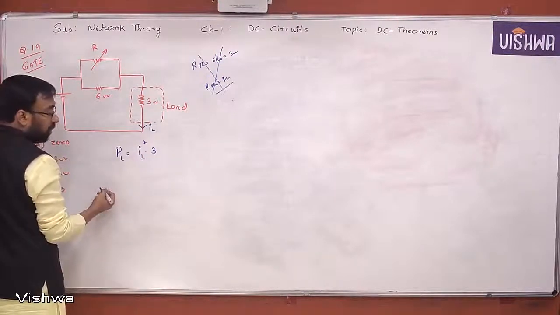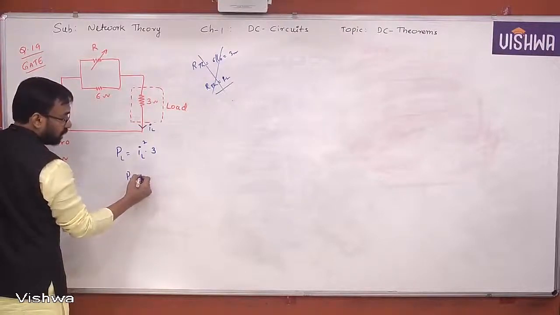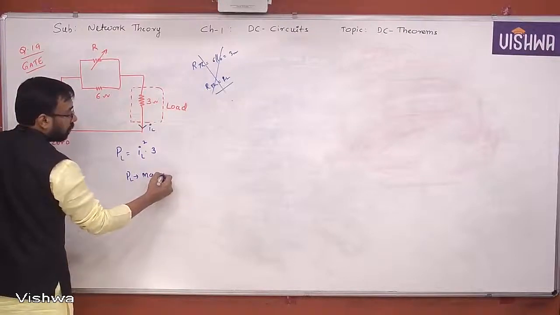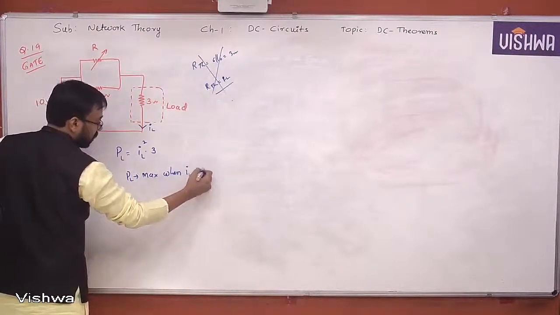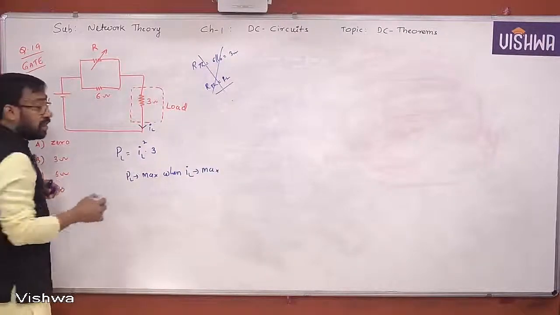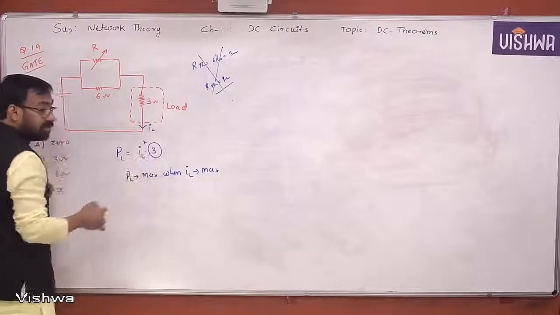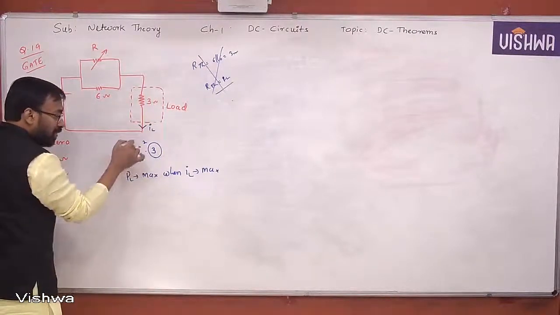Okay. Now tell me, PL will be maximum, the condition you see here, PL will be maximum when IL is maximum. That's it. Yes or no? Because PL is directly proportional to IL square. Here it is a constant value. Then PL is maximum only when IL is maximum.